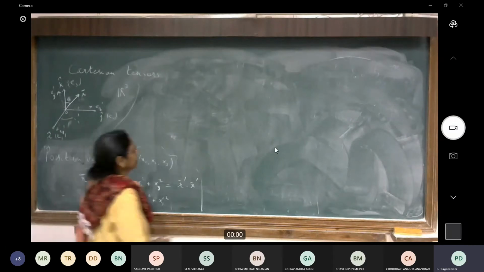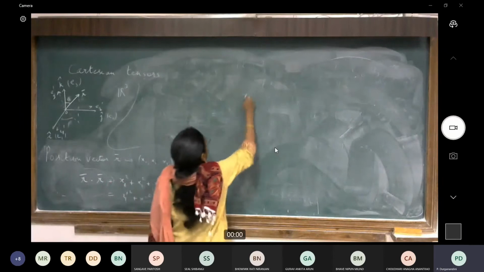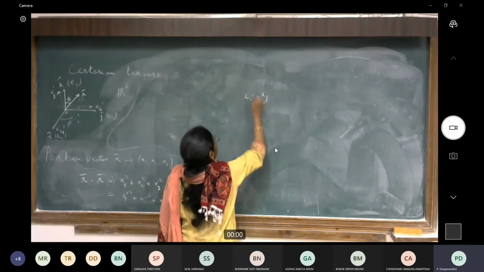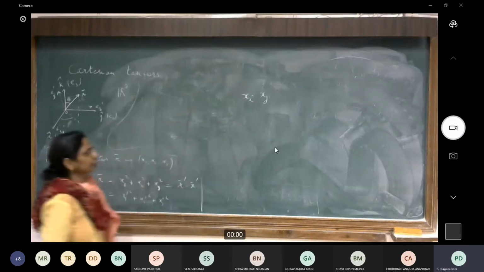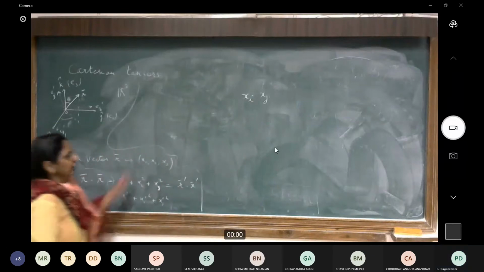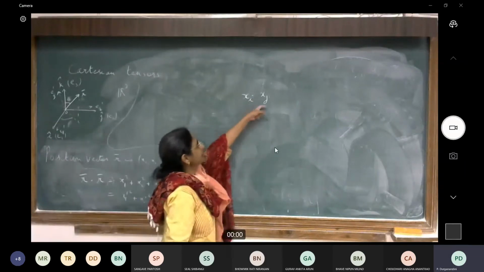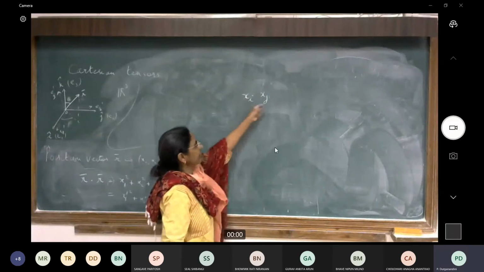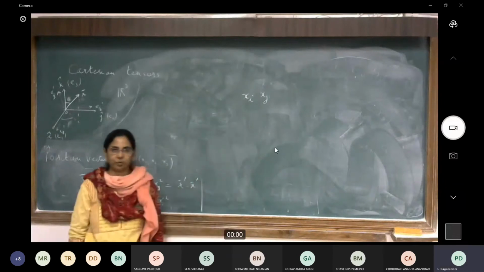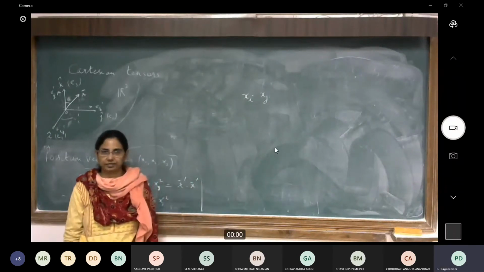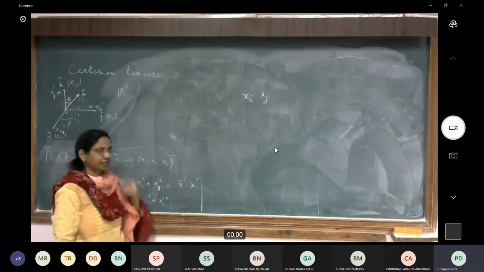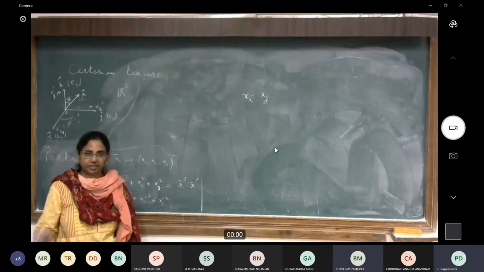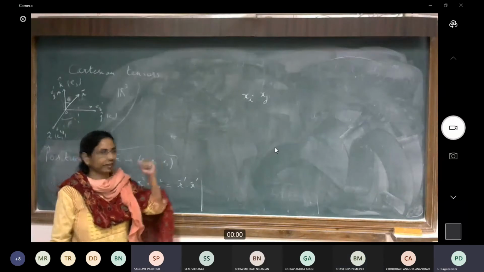Now instead of that, let us say that I make this quantity xi xj. Consider this quantity. How many such quantities can I construct? xi are the components of this position vector, x1, x2, x3, and xj is also 3, right?